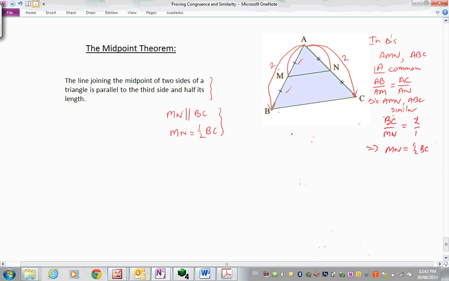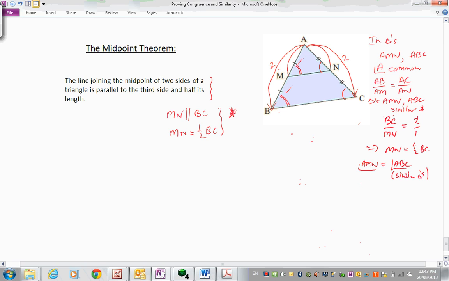Now what about the parallelism? What about over here saying, are they parallel? Well, if these two triangles are similar, by proportion and that common angle, what can we say? Angle AMN will match angle ABC, and ANM will match ACB. So we've got angle AMN equals angle ABC, similar triangles.